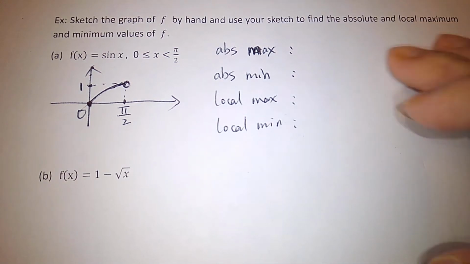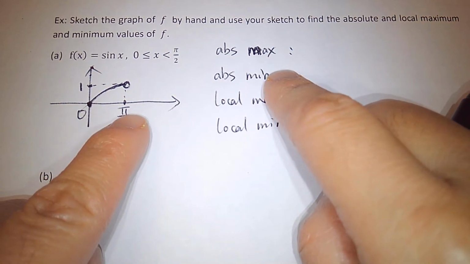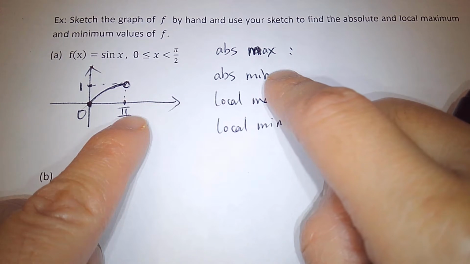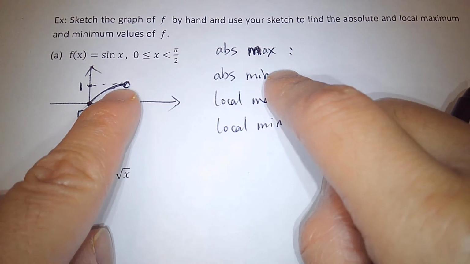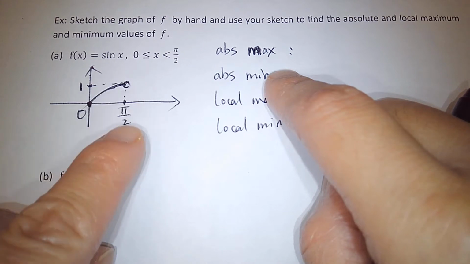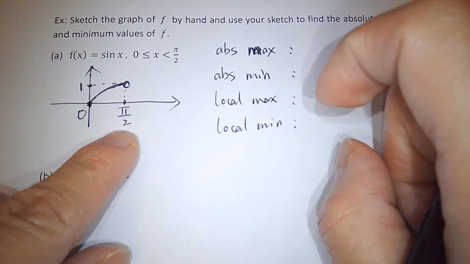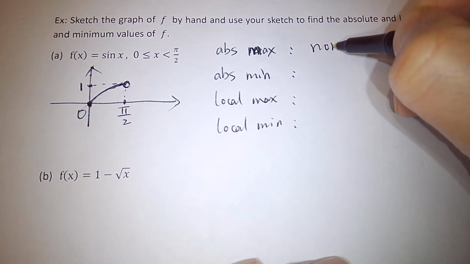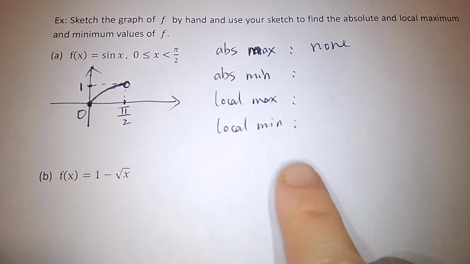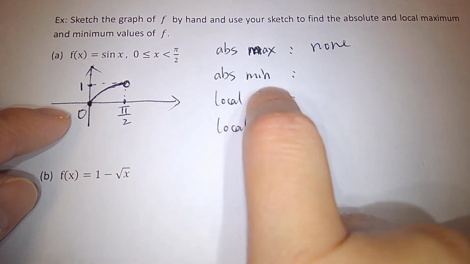Who wants to answer this question? Dylan? Absolute maximum is f of pi over 2 equals 1. Well, it looks like it's the highest point, but it is not defined at pi over 2, right? So it's none. I would say none or NA or whatever. Dylan, still you. Absolute minimum value?